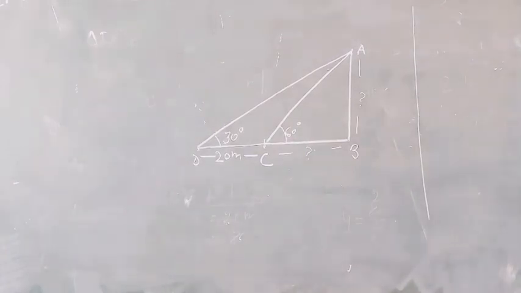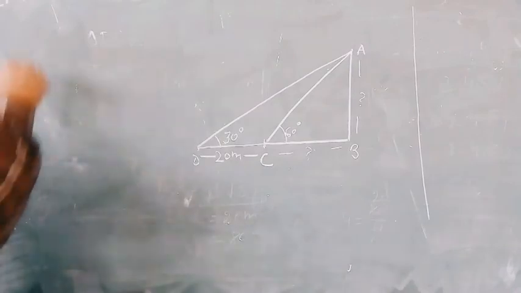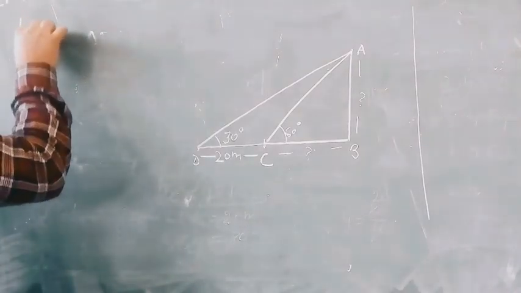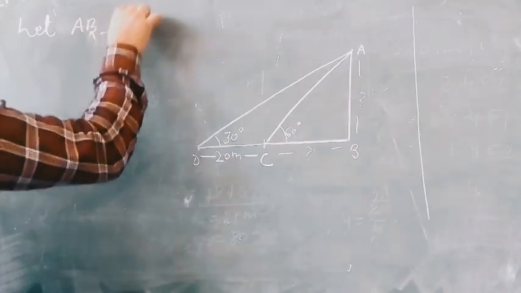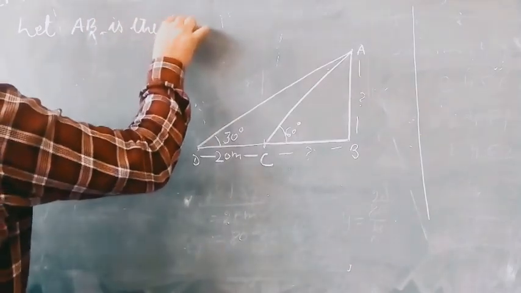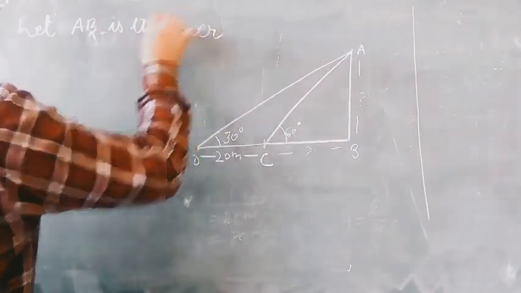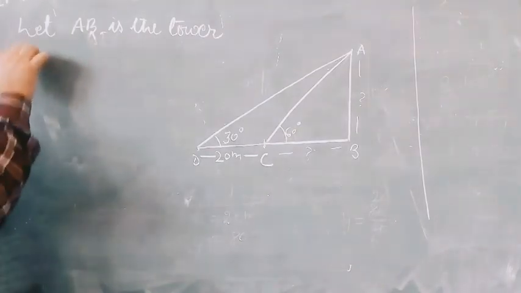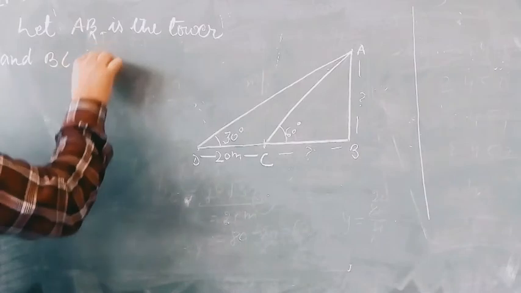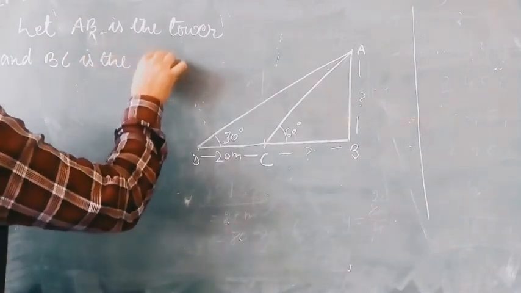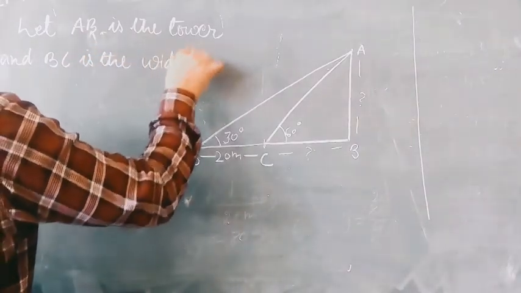Now let us define that AB is the tower and BC is the width of the canal.